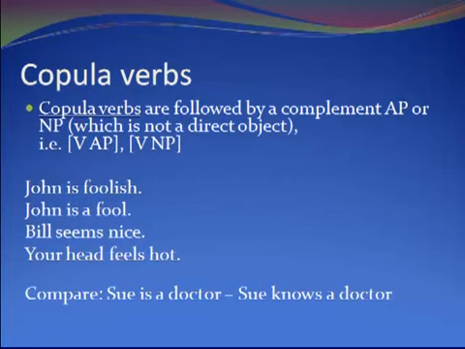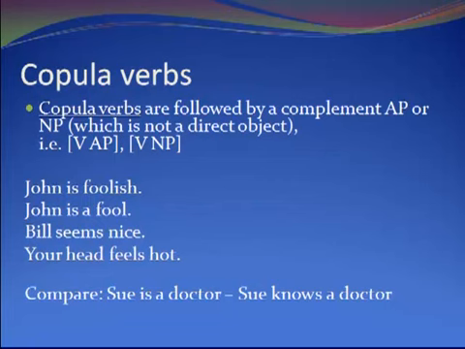Now you can also express that with a noun phrase, so you can say John is a fool. Now you've only got one individual here, John, and you say of him that he's got the property of being a fool. So although you've got a noun phrase following the verb, it's not a role player in the event. It just expresses a property.